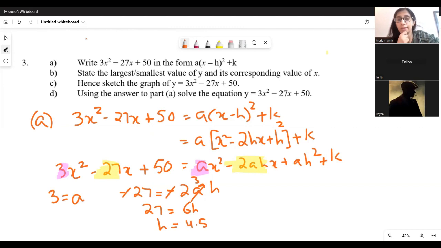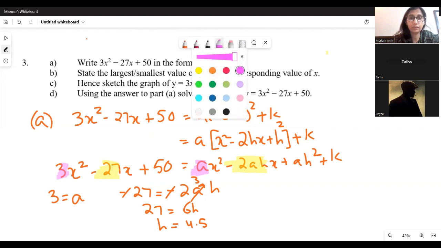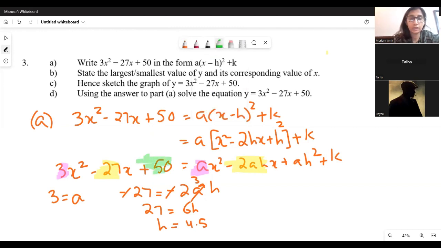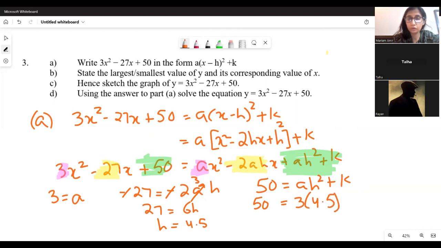Okay. Next, we equate the constants on both sides. The constant at the left is 50 and the constant at the right is ah squared plus k. The non-x term is the constant. So 50 equals ah squared plus k, so 50 equals 3 times 4.5 whole squared plus k.